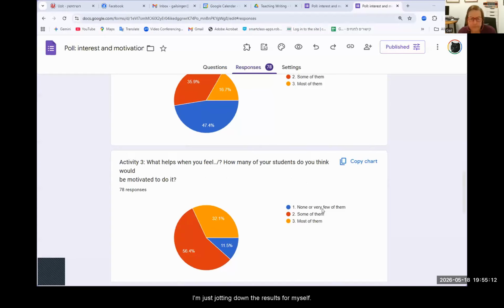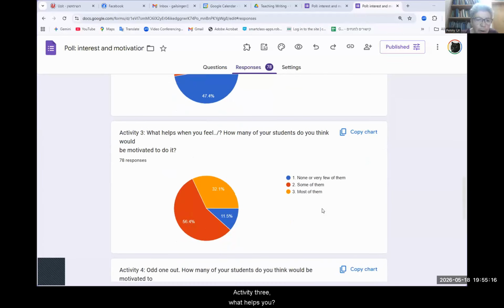I'm just jotting down the results for myself. Activity 3, what helps you? Can you turn off your microphones for the moment? I just want to summarize what we're seeing here. The majority said some or most, and only a minority said none.